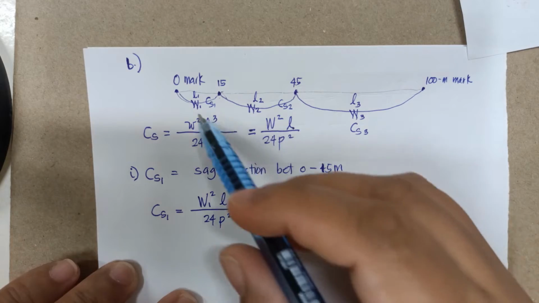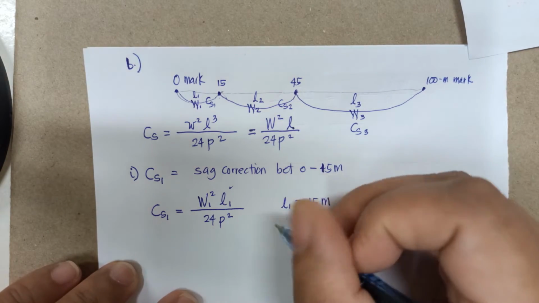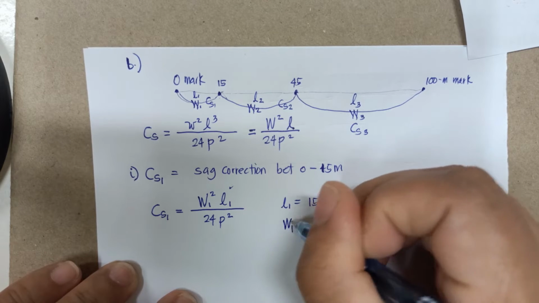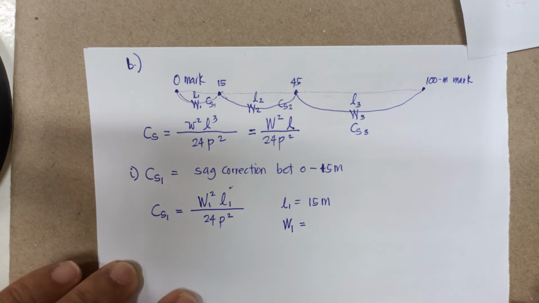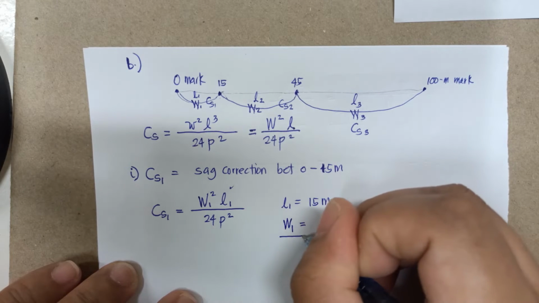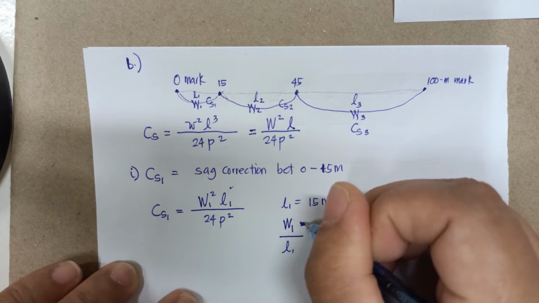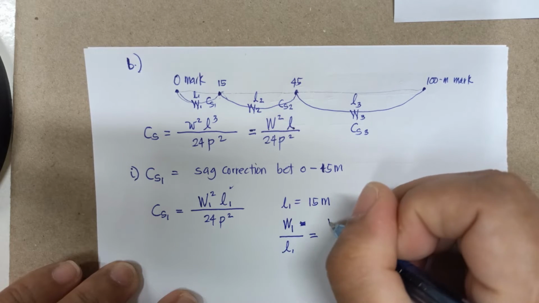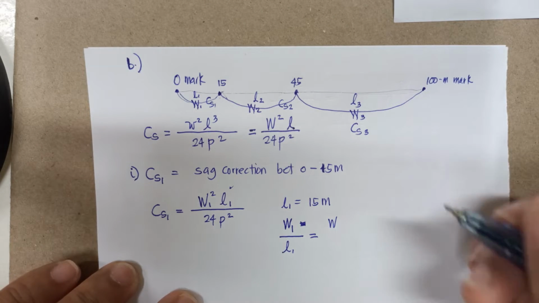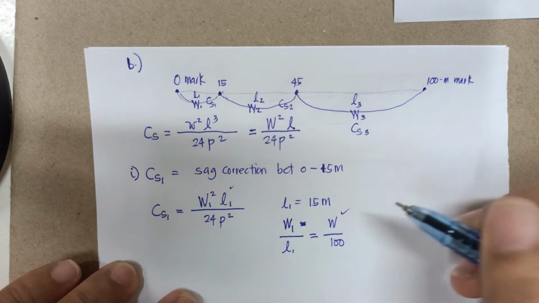And then the W sub 1 can be computed through ratio and proportion, right? So we have W sub 1 is to the L1, equal to the total weight of the tape divided by 100.